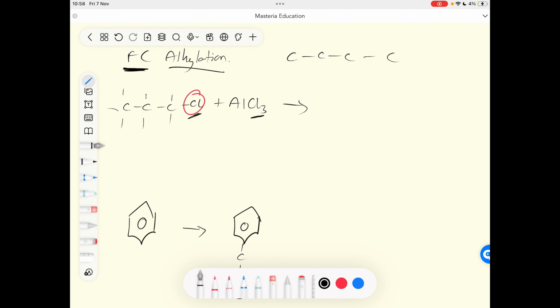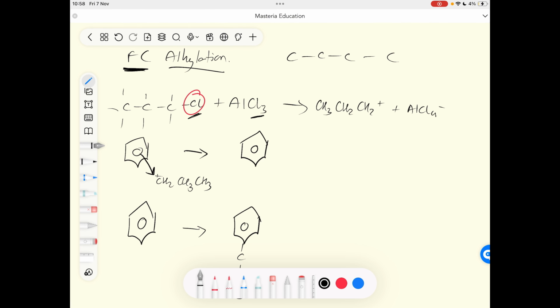What happens is, exact same thing as always, we're going to generate our electrophile. So CH3CH2CH2+ and AlCl4-. Again, exact same concept next. We're going to have our mechanism where we have our CH2, which was plus, CH3, and we show it like this. Our next step would be, apologies, it would be like this with a positive.